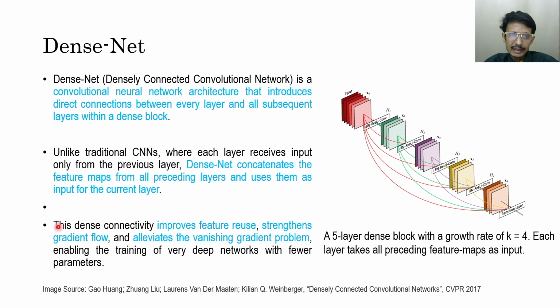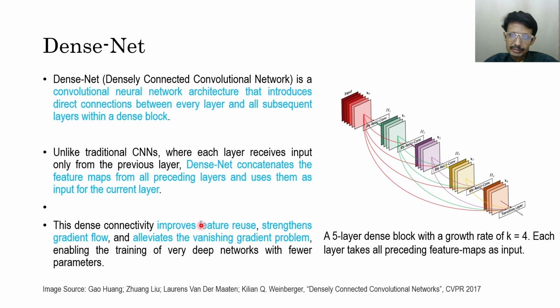Then it strengthens the gradient flow, because there are multiple pathways for backpropagation, as we saw with ResNet in the last class, and this alleviates the vanishing gradient problem, enabling the training of very deep networks with fewer parameters.